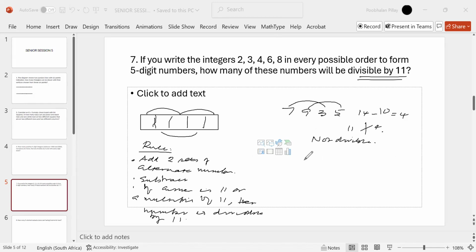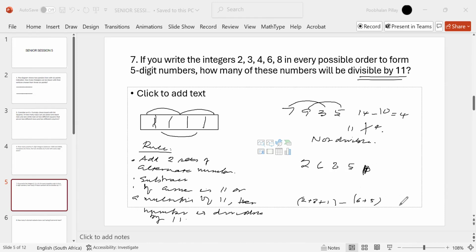But if you try a number like 2, 6, 8, 5, 1, you'll see that the alternate numbers are 2 plus 8 plus 1, which gives you 11, and the other alternate is 6 plus 5.